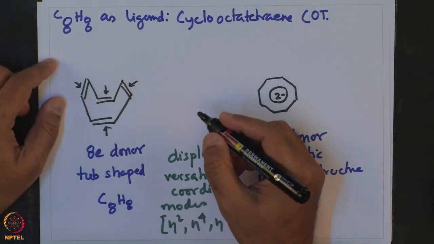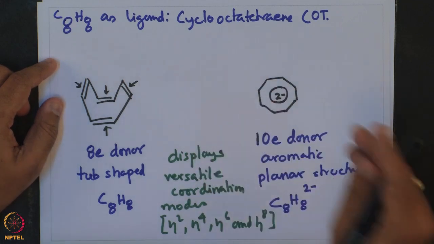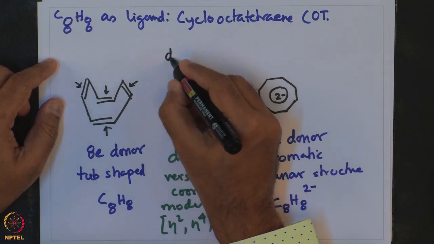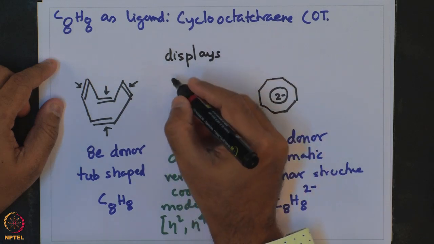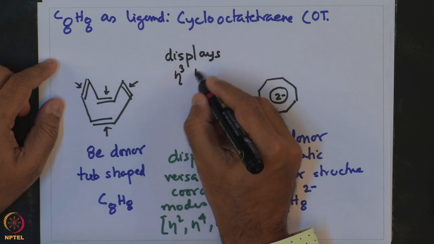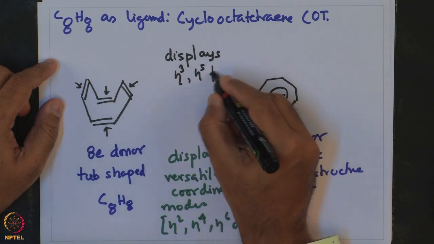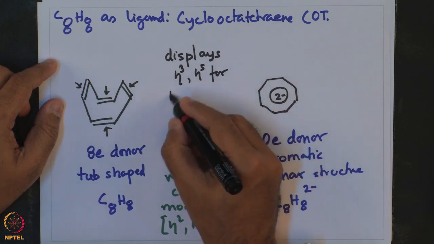So, depending on the number of atoms in the C8H8 ligand that bind to the metal, it can show hapticities ranging from 2, 4, 6 and 8. These are usually for mononuclear complexes, and COT displays eta 3 and eta 5 modes for binuclear complexes.